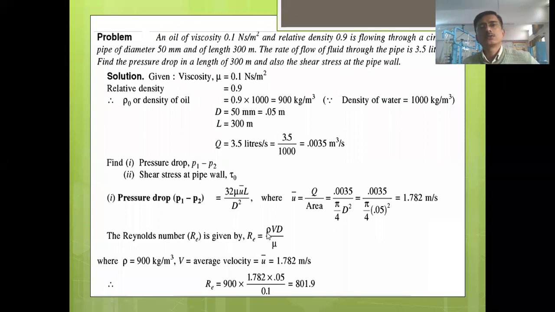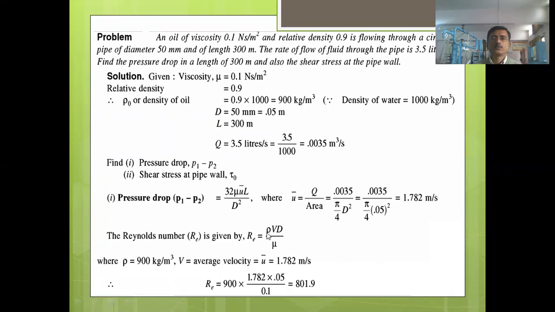An oil of viscosity 0.1 Newton second per meter square and relative density 0.9 is flowing through a circular pipe of diameter 50 mm and length 300 meter.